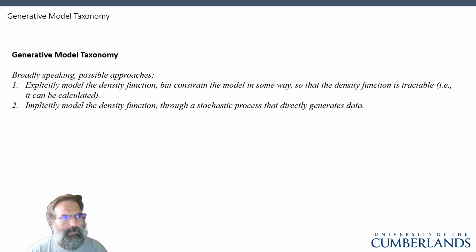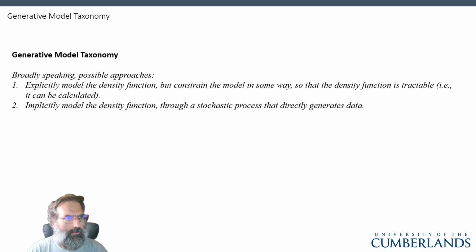So broadly speaking, a possible approach in the generative model taxonomy is to explicitly model the density function, but constrain the model in some way so that the density function is tractable. In other words, it's something that you can actually solve for. A lot of these things, without some simplification of the problem, are just not possible to solve.